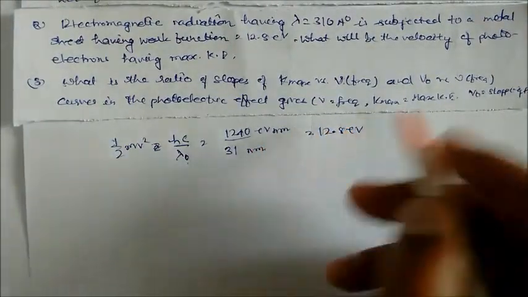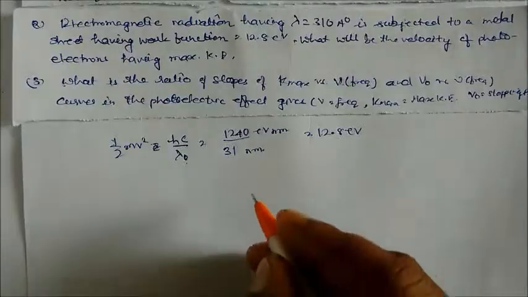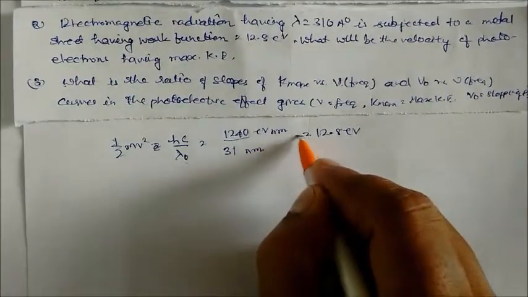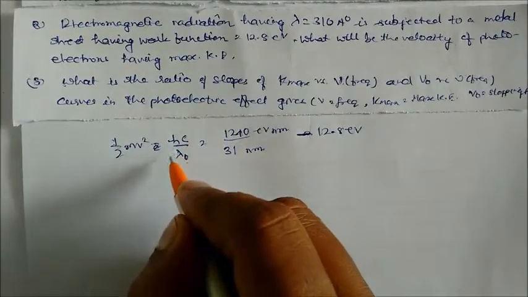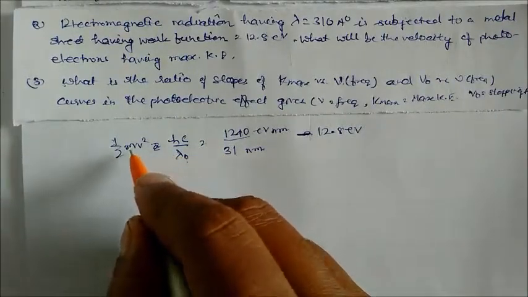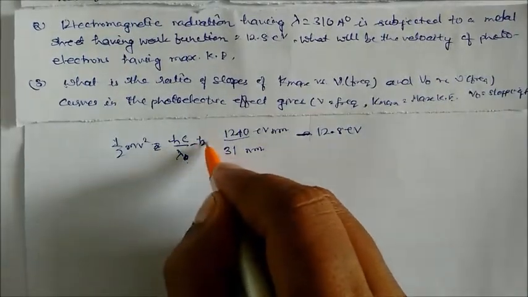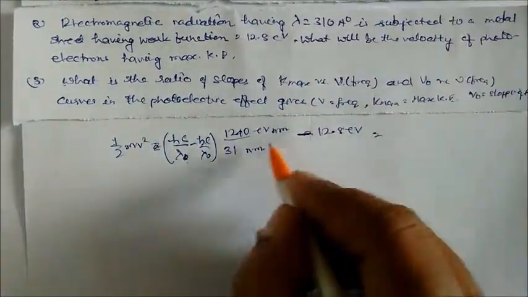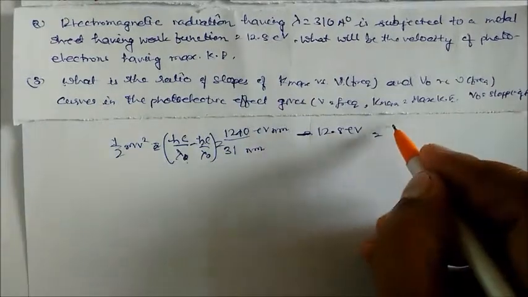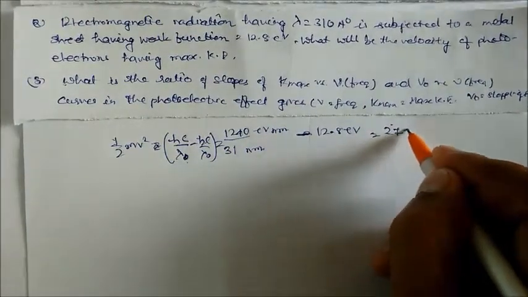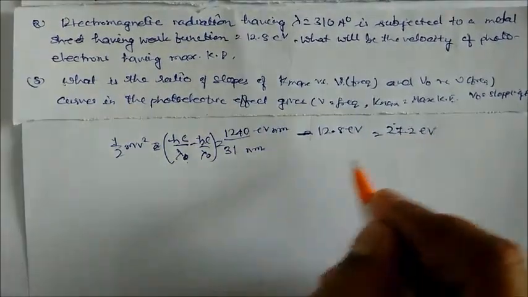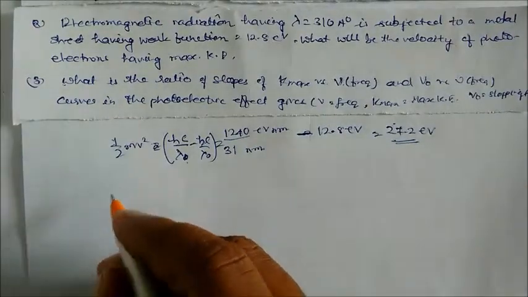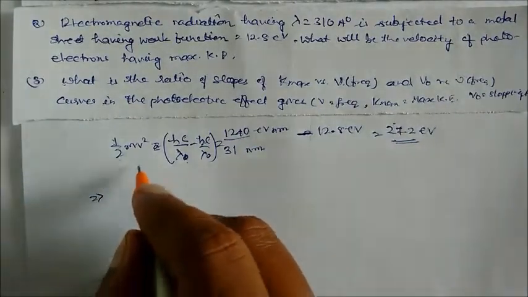So here you have to subtract this one. 1/2 mv square means this much minus the work function. On solving, you will get 27.2 electron volt, and this is equal to 1/2 mv square. Now we just have to find the velocity.